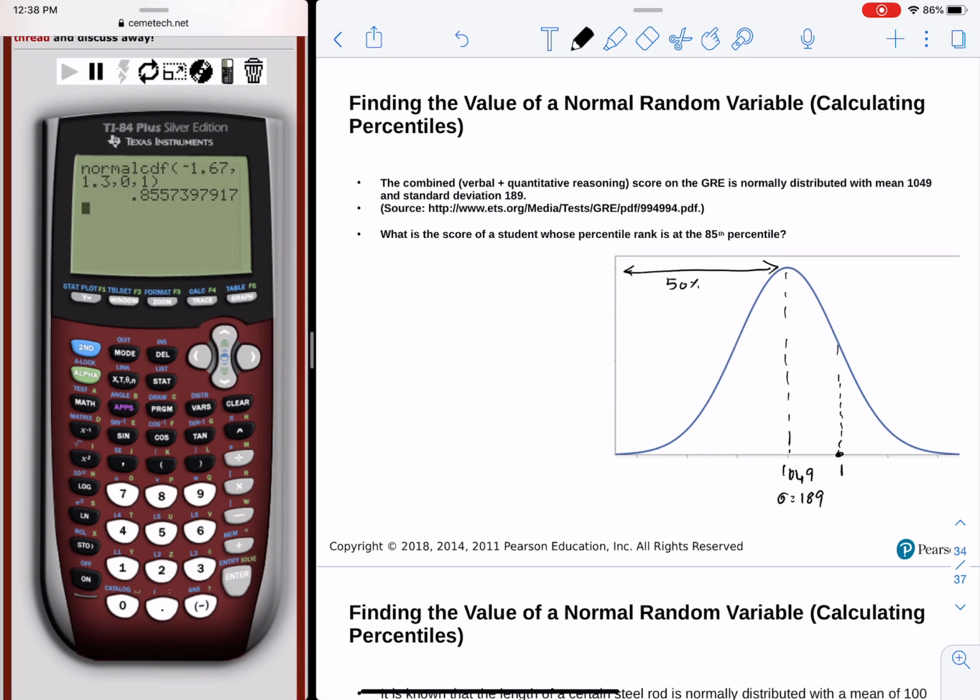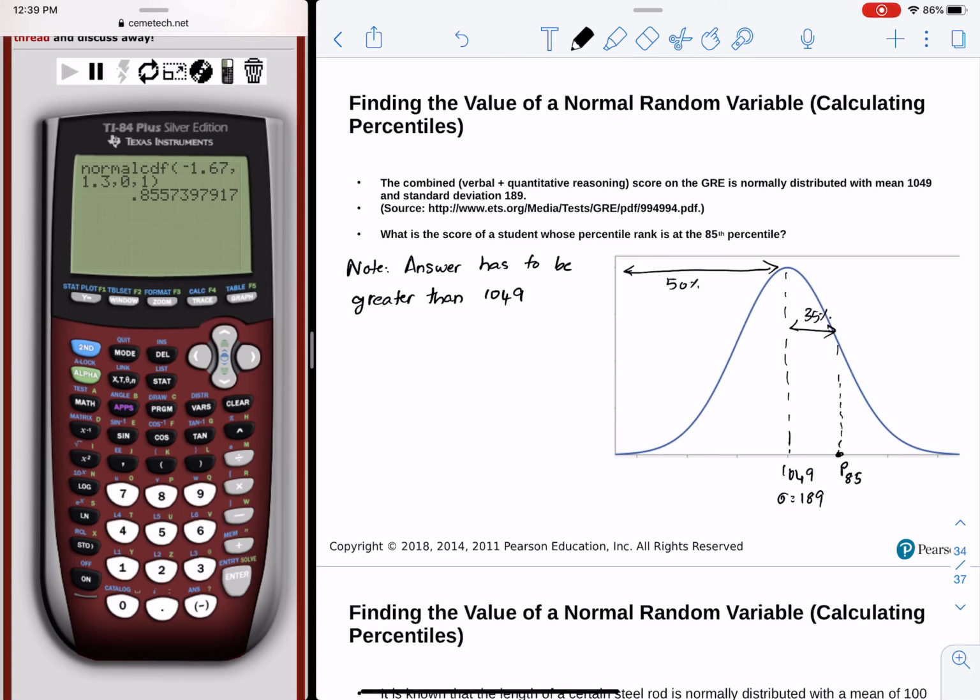So that has to be P85 because we are adding 35% approximately to 50%. So we will put a note here that the answer has to be greater than 1049. Let's see if we get this.